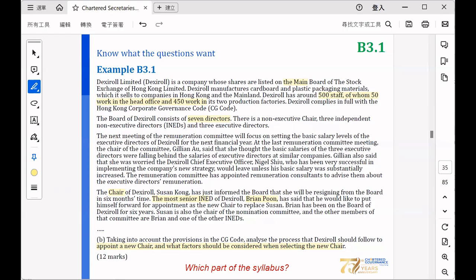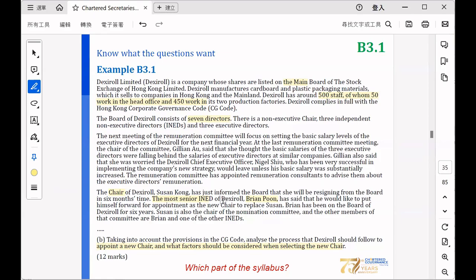And currently, the chair of the board may be involved in the appointment of her successors. Now, the problem is, who sits in the nomination committee?